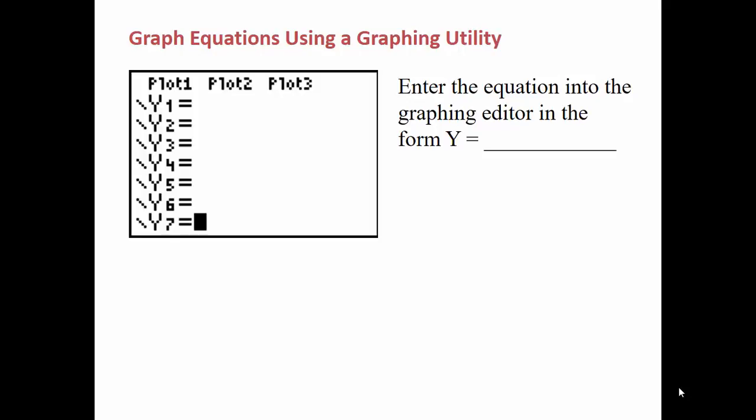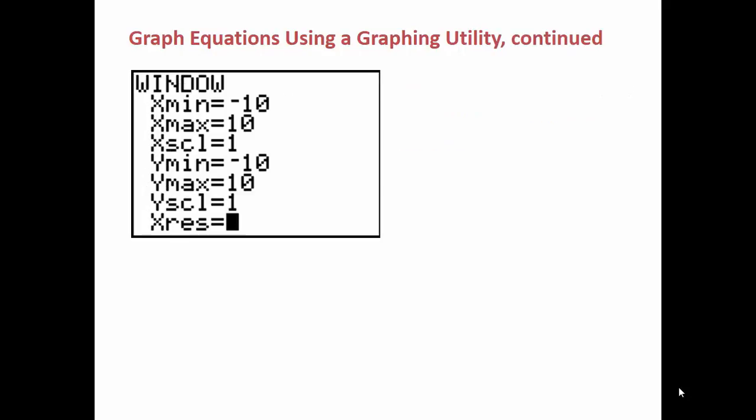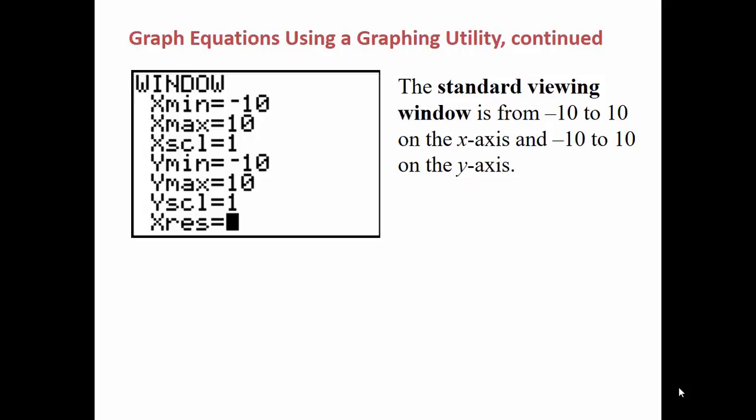So you enter the equation into the graphing editor. Has to be y equals. If you need to change your window, you can do it. This gives you your minimum x, your maximum x. It says the scale, count by 1, same as y. Zoom 6, if you remember, takes you back to this standard graphing window.